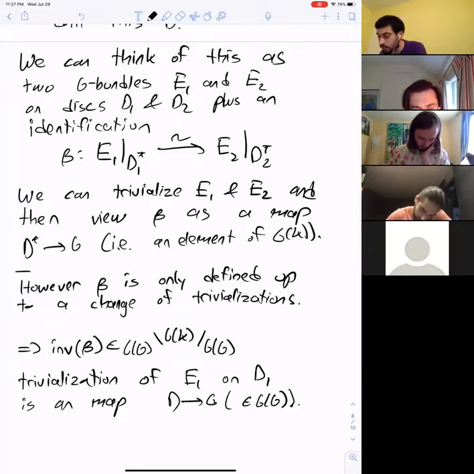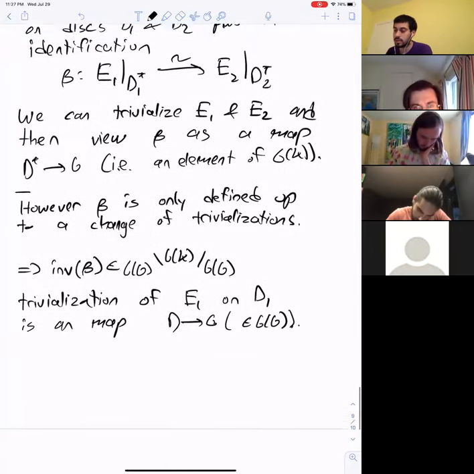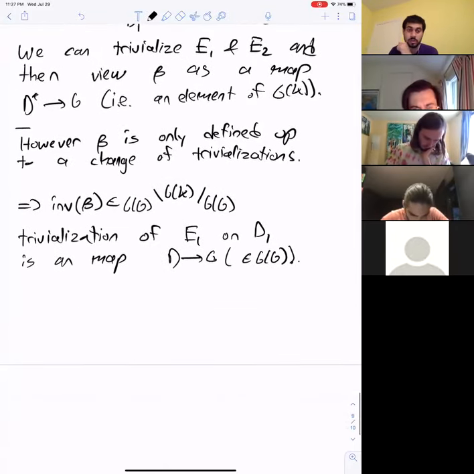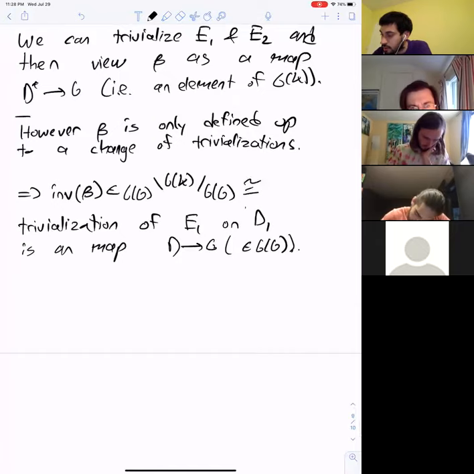So G bundles on these two disks glued together are in correspondence with these double cosets. These double cosets just keep appearing. And for good measure, let's remember that these double cosets are the same as dominant weights, co-weights.